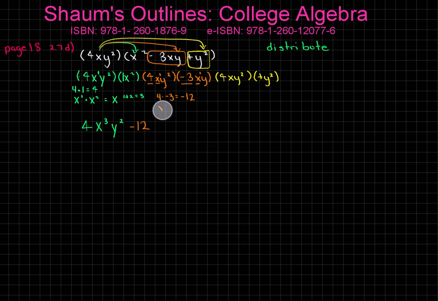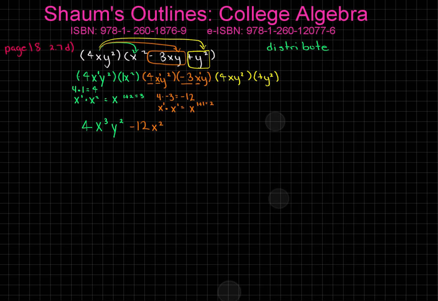I'm going to keep the x and add my little numbers together. 1 plus 1 equals 2. So I get x to the 2, or x squared.